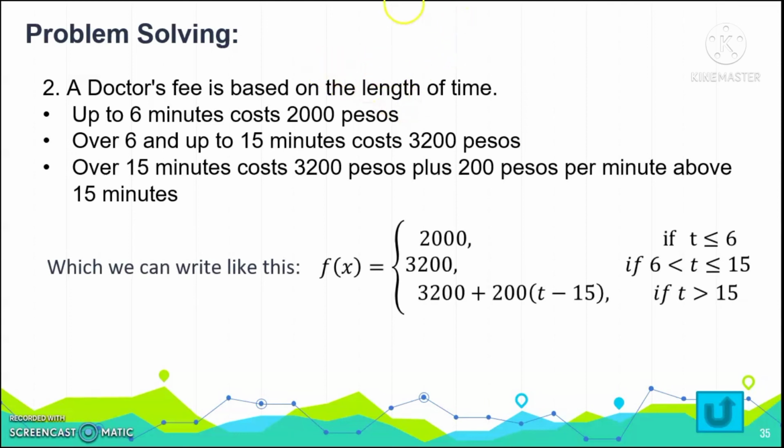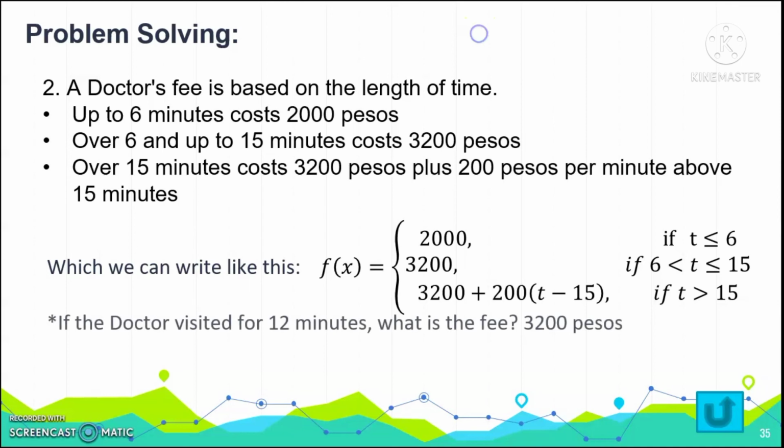F of x is equal to 2,000 if t is less than or equal to 6, and f of x is equal to 3,200 if t is greater than 6 but less than or equal to 15, and f of x is equal to 3,200 plus 200 times the quantity of t minus 15 if t is greater than 15. If the doctor visited for 12 minutes, what is the fee?